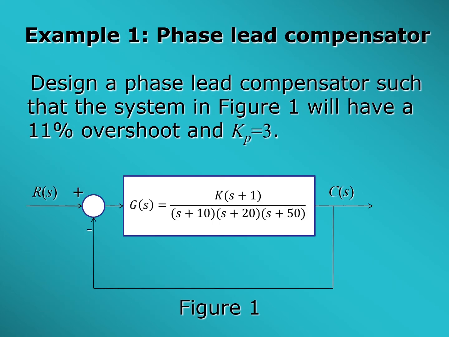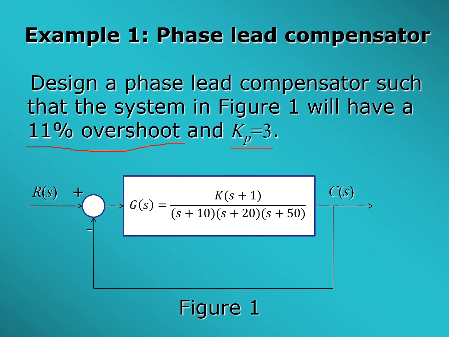As an example, I will show you example 1 on how to design a phase lead compensator. The question is, design a phase lead compensator such that the system in figure 1 will have 11% overshoot and Kp equals 3.